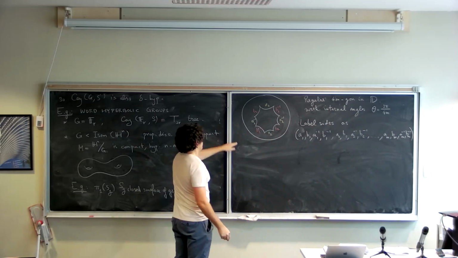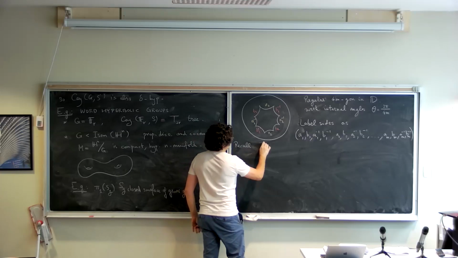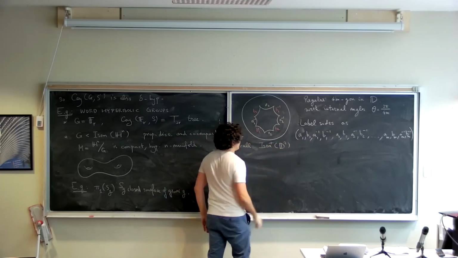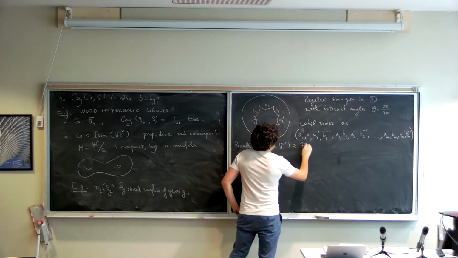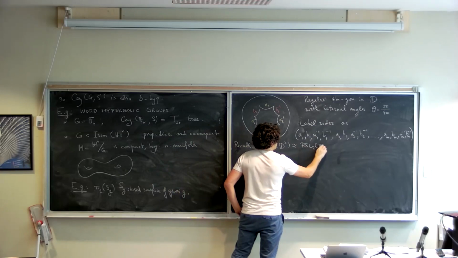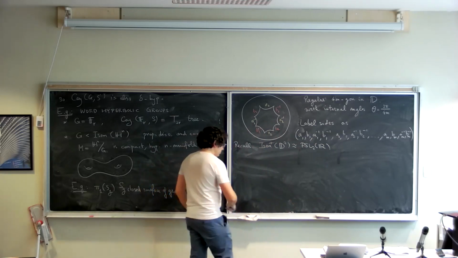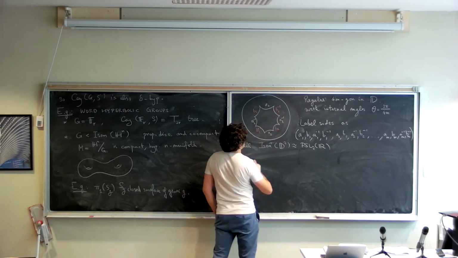And so we produce, so recall that the group of orientation preserving isometries of the disk is PSL2R. So we can find some matrices that map this side to that side, basically.